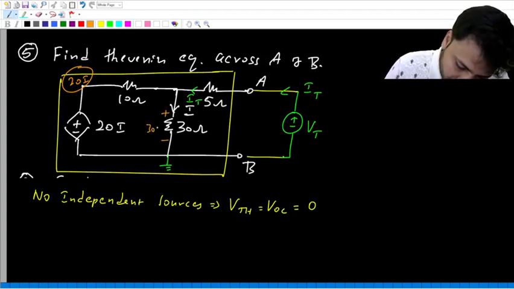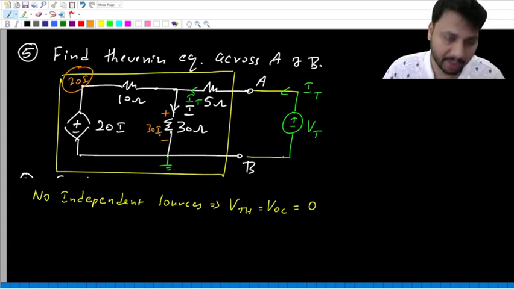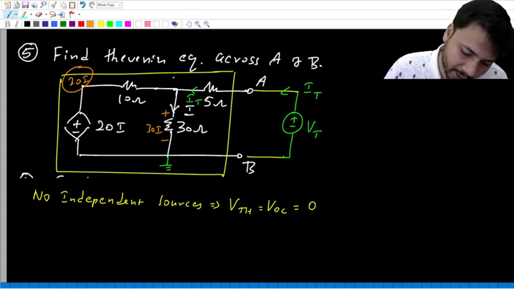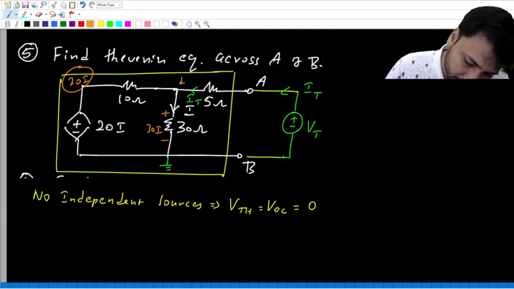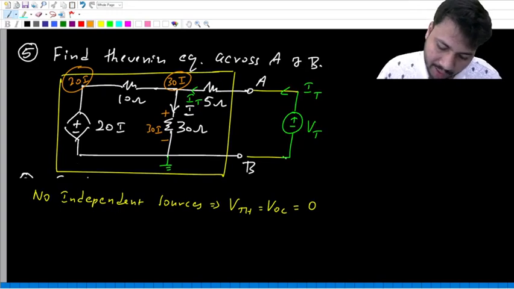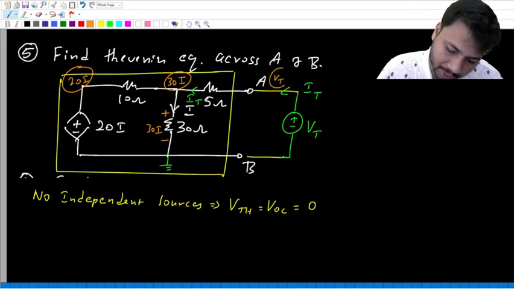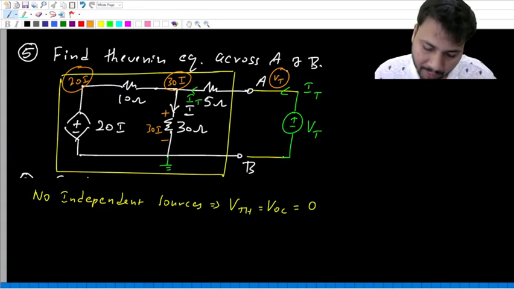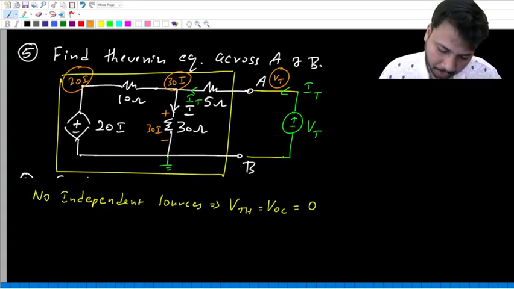I times 30, that is 30 I. Because this is ground, we go from minus to plus. What is the voltage at this point? It is 30 I. Again, this entire thing is ground. So what is the voltage at this point? It is VT.